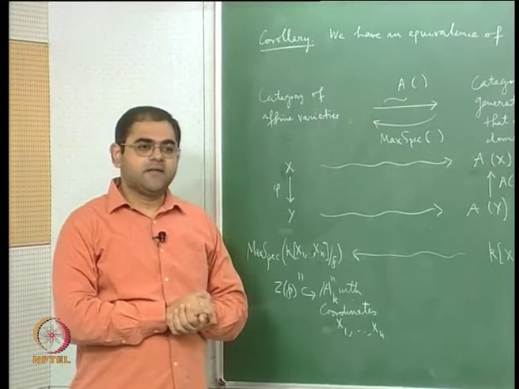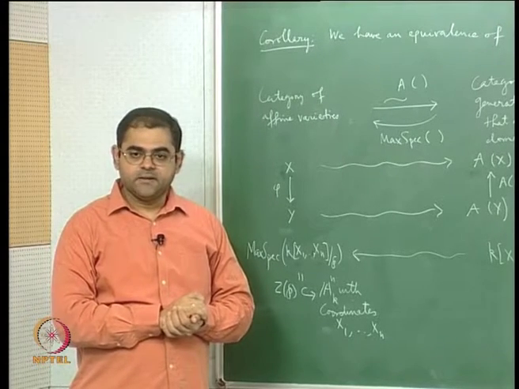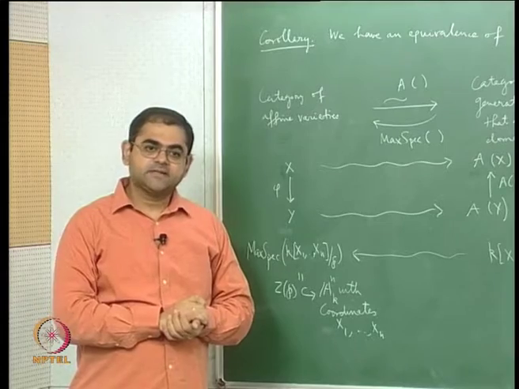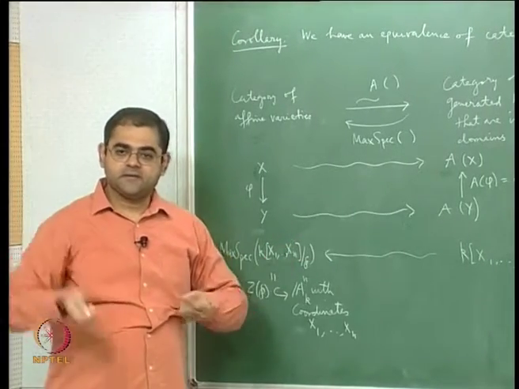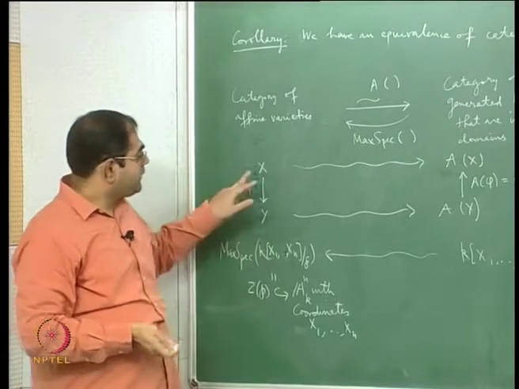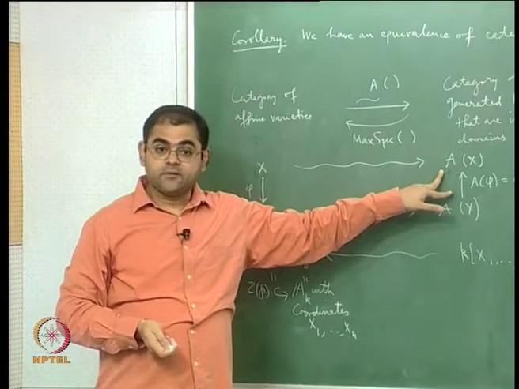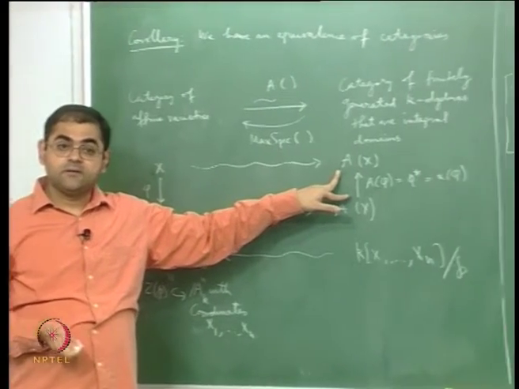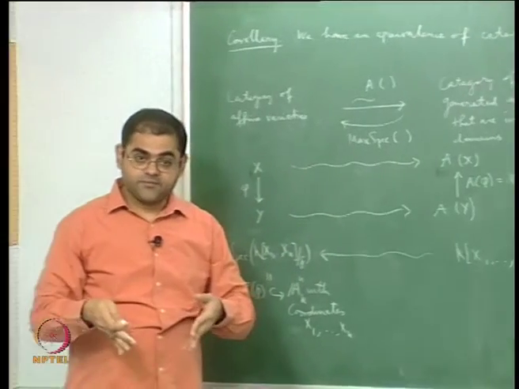For example, take the plane. The plane can simply sit inside A2 via the identity map. It can sit as a 2 plane in A3, it can sit as a 2 plane in any A^N. But how is the affine coordinate ring defined? It is defined based on the embedding, based on the ambient affine space in which your affine variety is sitting.